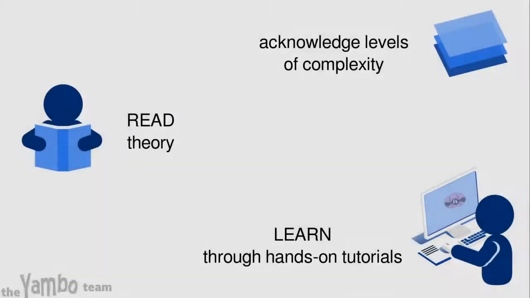So finally, to answer the question, how can we make the most out of Yambo? We need to acknowledge that there are several levels of complexity. We need to read over the physics, the theory, the numerical approach, and in this school, this part is covered by the lectures.